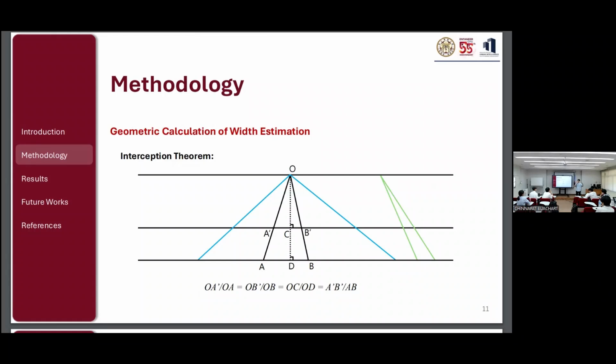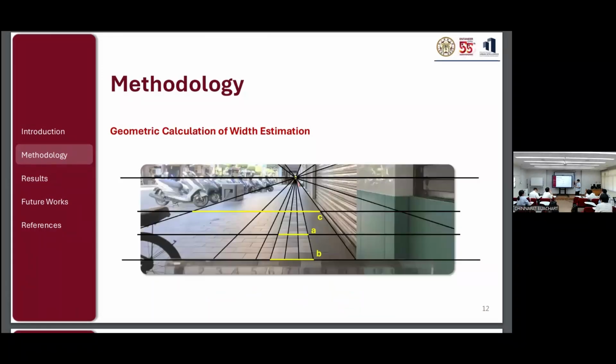Between parallel lines, there are triangles. No matter what shape or where it is, it always has the relationship OA prime over OA equals OB prime over OB equals A prime B prime over AB. This is the very simple math principle of this estimation.